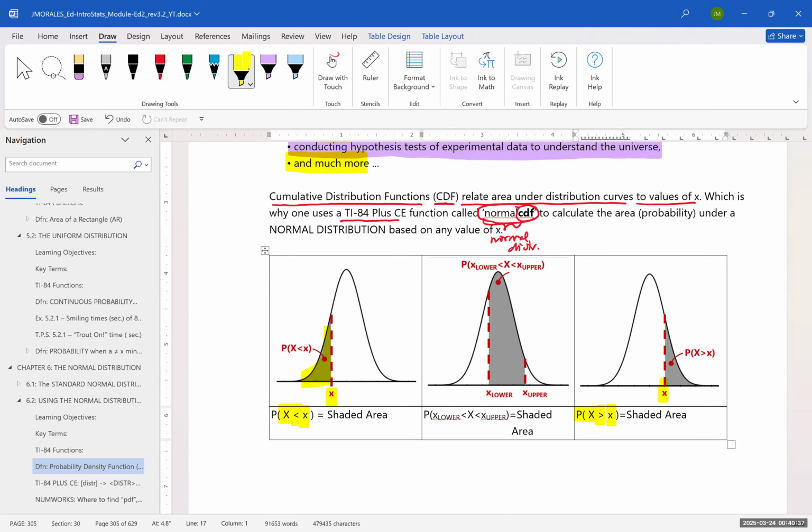So here's our some value of x, and the probability is going to be this area above it to the right this time. Or we might want to know the probability of an event occurring between some lower number and upper number. So you can see here we've got a lower number. Here we've got an upper number, and we're interested in the probability or the area in between those two.